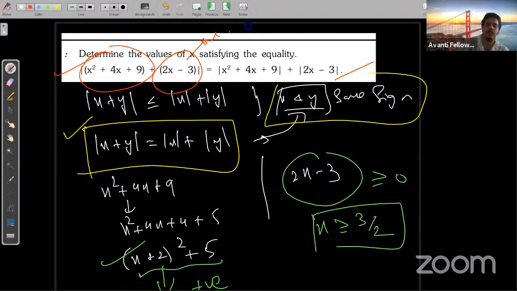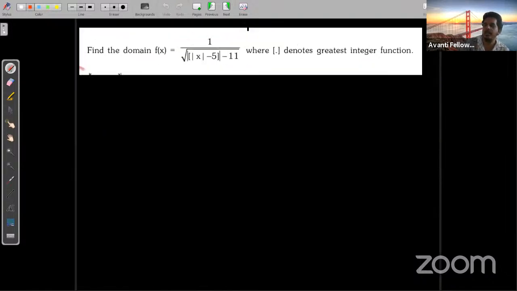Yeah, very good. So, moving on to the next one. If someone has given you this kind of question, domain is asking for all the possibilities of x. First of all, whatever is inside the root has to be positive.